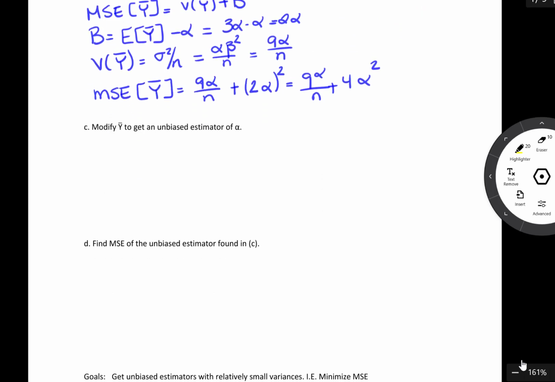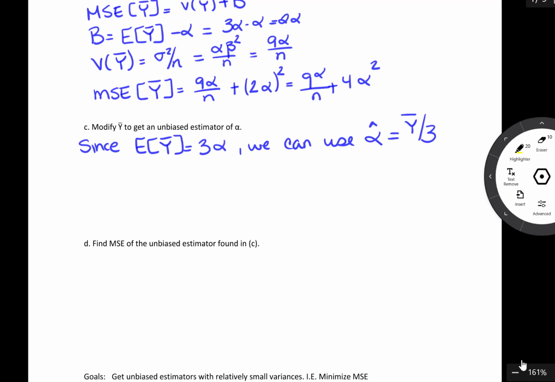So next, can we modify y bar to get an unbiased estimator of alpha? Well, since the expected value of y bar is equal to 3 alpha, we can use alpha hat as our estimator, where alpha hat is equal to y bar divided by 3. So let's find the expected value of alpha hat and confirm that it's equal to alpha.